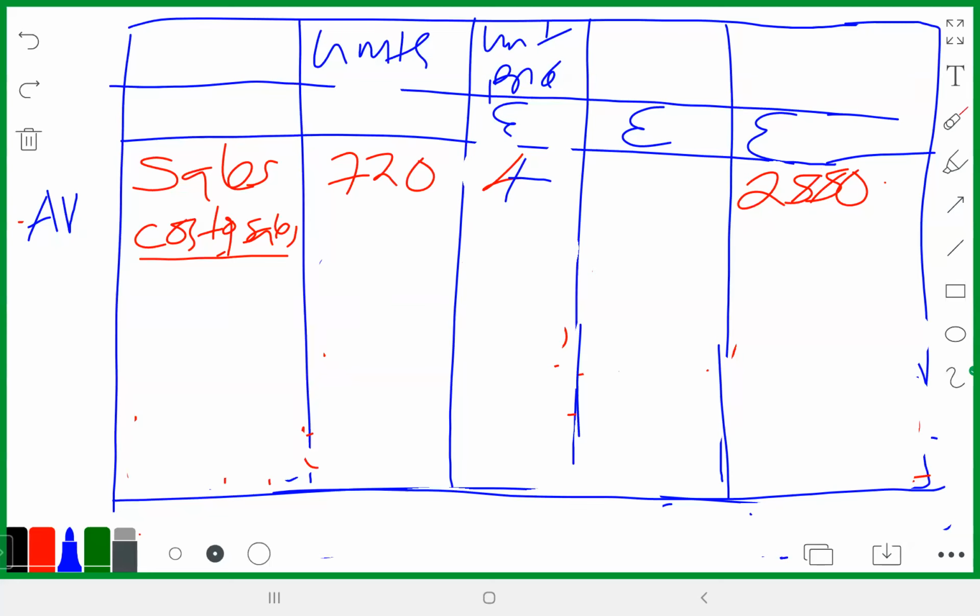Value of the sales is still the same. Then when it comes to the cost of sales, you are not selling them in different consignments. We just use the average price.